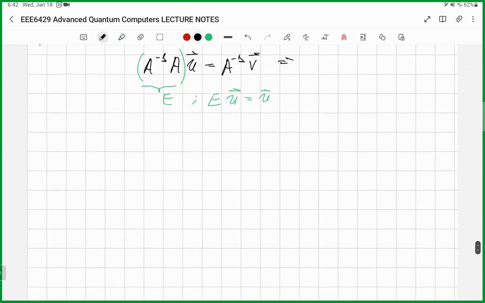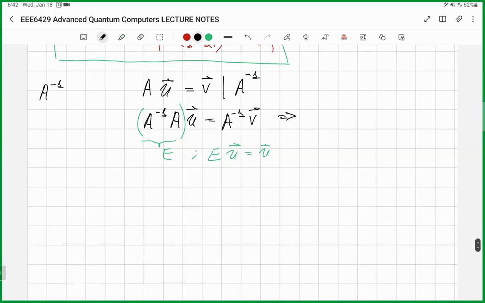So therefore, this is equal to the vector u, the initial vector, equals A to the power of minus 1, so it's not a power, it's the inverse matrix, times the vector v.